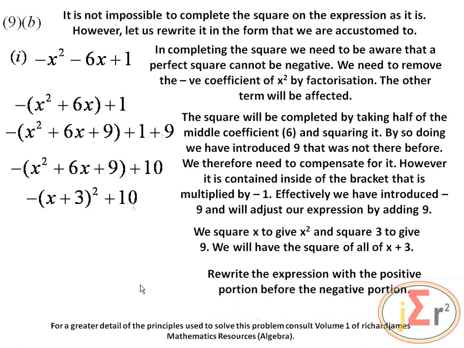And the form that we have required that the positive 1 be placed first and the negative expression second. So we have 10 minus x plus 3 all squared.